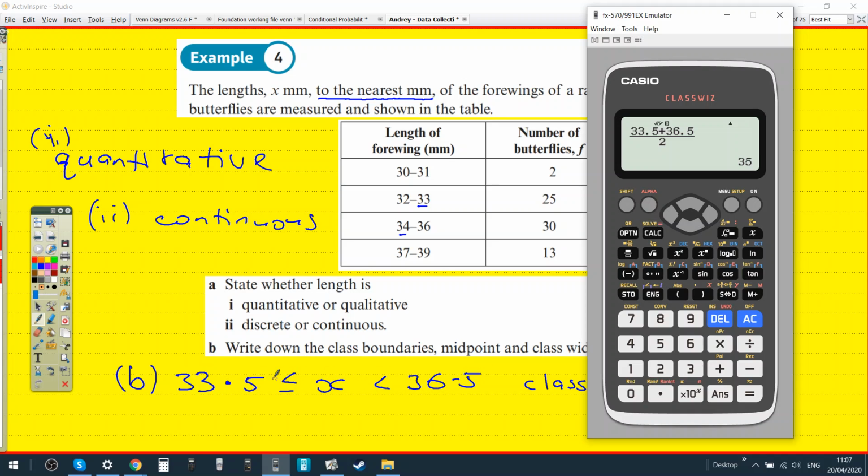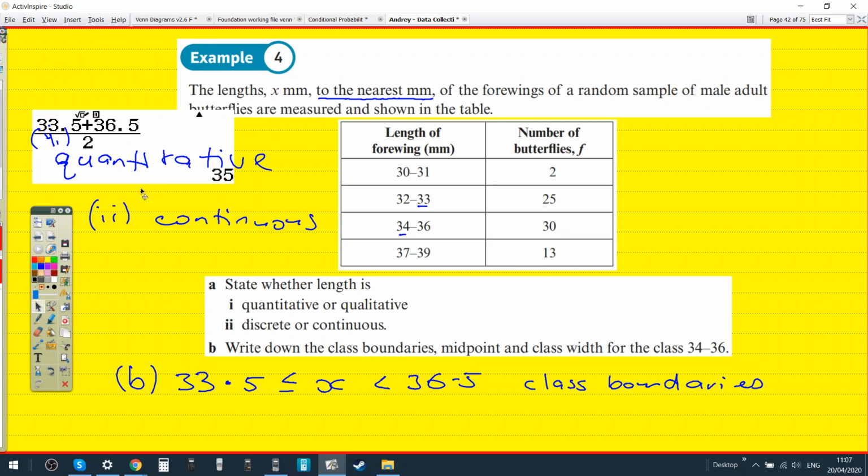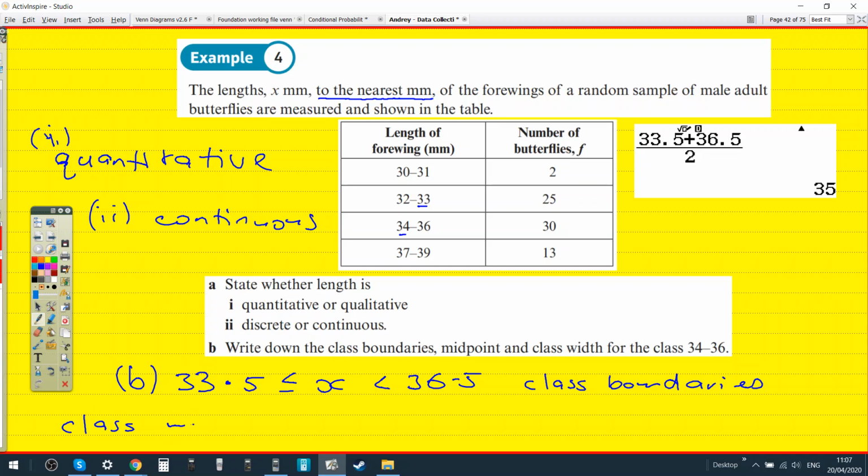What is that distance? Yes, and you get that by doing upper bound minus lower bound. So the midpoint is 35, and the class width is 3. So you can see when it was rounded, the class width was 2, but when you unround it, it is 3.